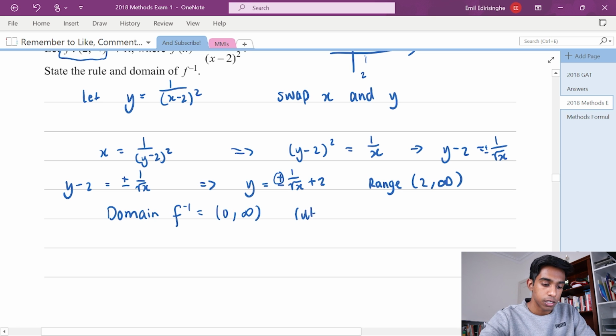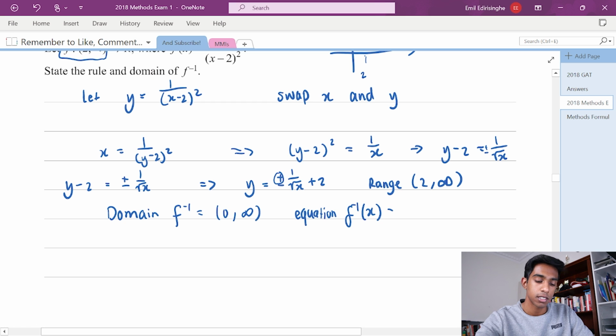And the rule is going to be f negative 1 of x. The equation actually is going to be f negative 1 of x is equal to 1 on root x plus 2.